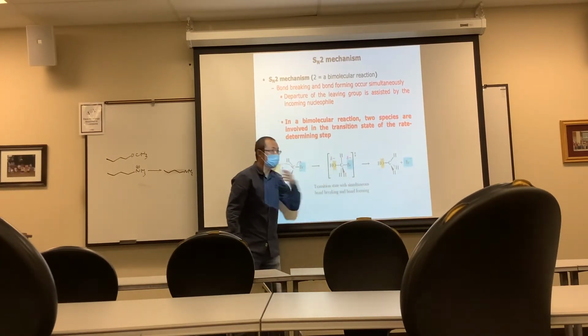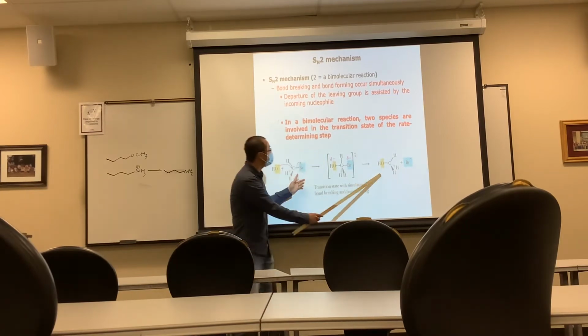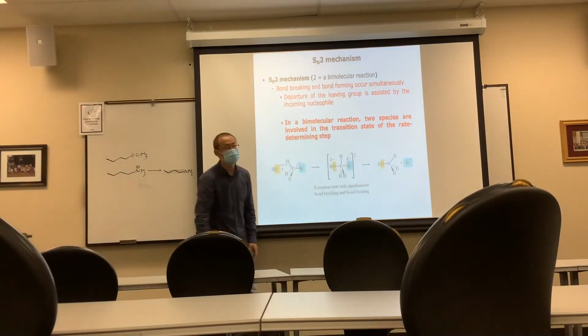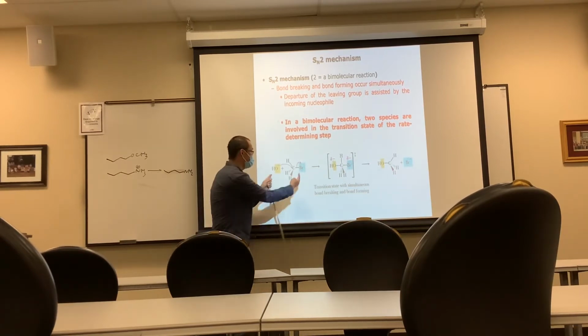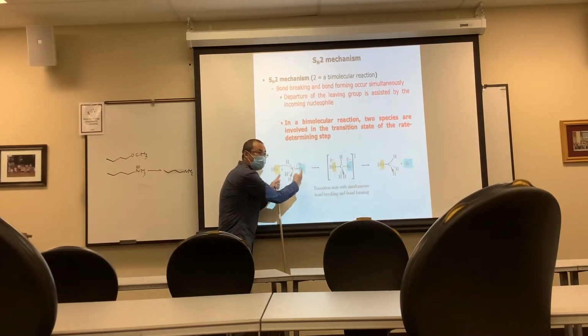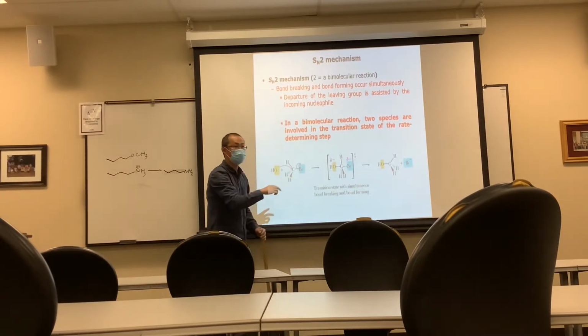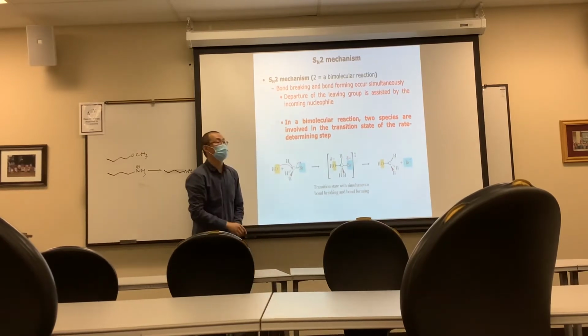They're both involved in the transition state. And because there's only one step, this step is the rate determining step, because that's the only single step. That's what we call SN2. 2 means, again, in the rate determining step, how many species are involved? 2. What are they? The nucleophile and the substrate, the electrophile.